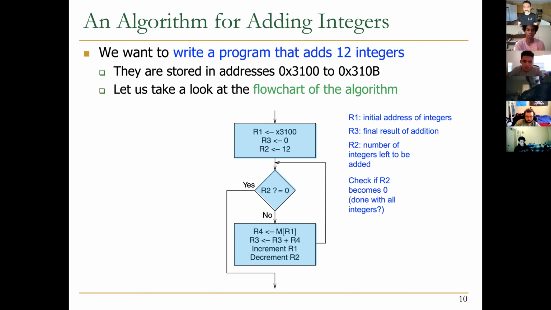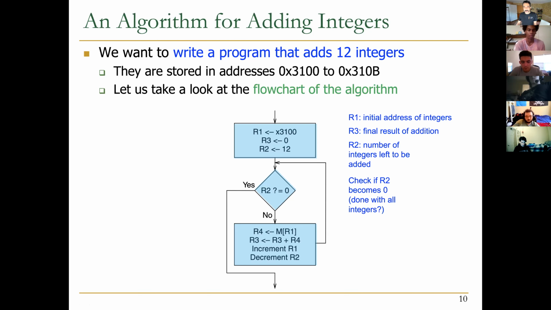And you see how important it is to make use of these registers to do the calculation. Here you need another register. You cannot use R1, R2, or R3 because they are doing different tasks. If you use them, you know what will happen, right?